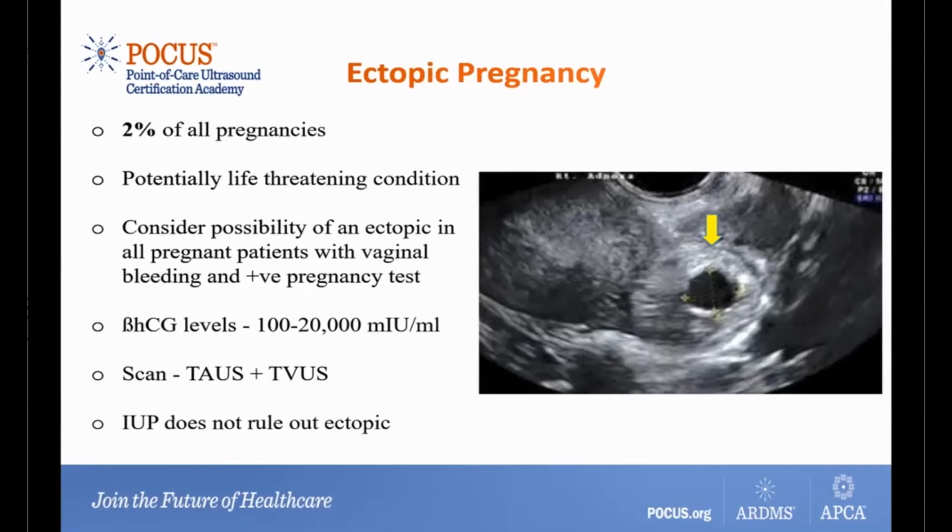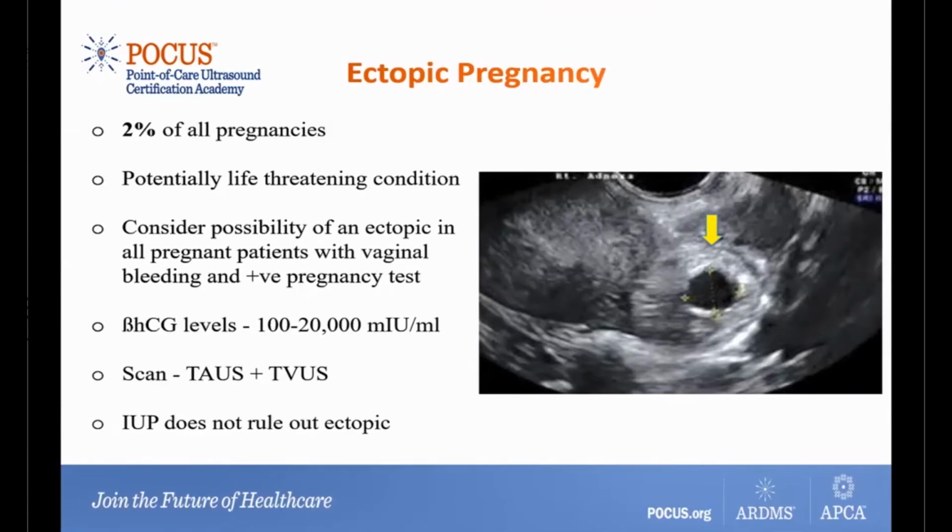Possible ectopic in all pregnant patients with vaginal bleeding. So if a patient comes with a history of pregnancy and they have vaginal bleeding, you should be considering at least the possibility of ectopic. Beta HCG levels could vary very widely because, if it's just ectopic implantation, the HCG levels may be lower than what we would expect for intrauterine.